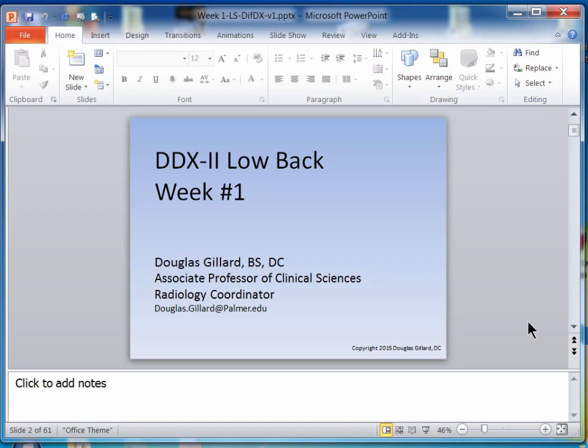Know the components of a good history. I'm going to hit you with those again. I would memorize that mnemonic of mine, or you can use yours, but I would use mine if I were you. Know what forms the facet joint.